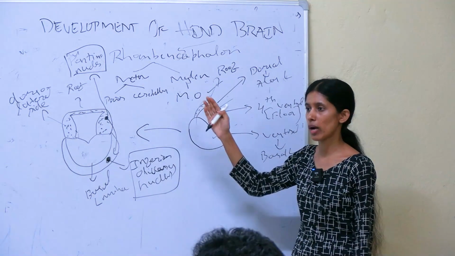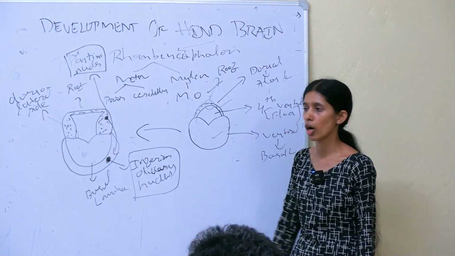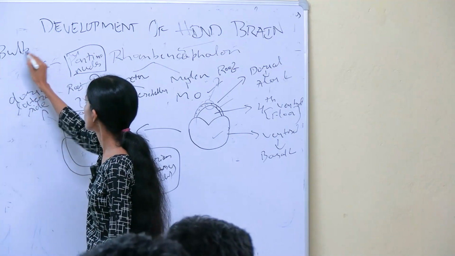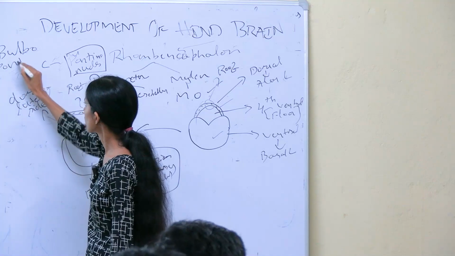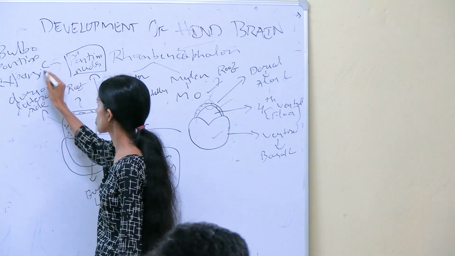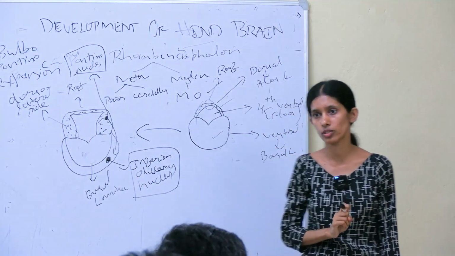This expansion of cells from the pontine region to your medulla oblongata region is called bulbo-pontine expansion.